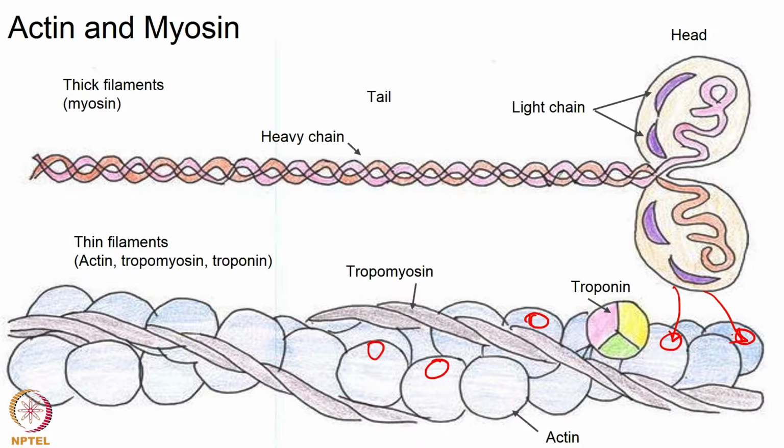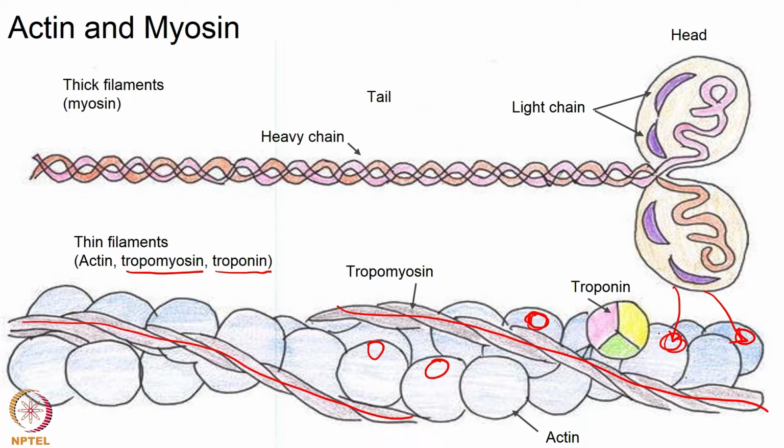But it turns out the thin filament also contains other proteins such as tropomyosin and troponin. The tropomyosin is like a rope or a thread that is wound around the actin filament in such a way that in its rest state it will cover all the binding sites of the actin.